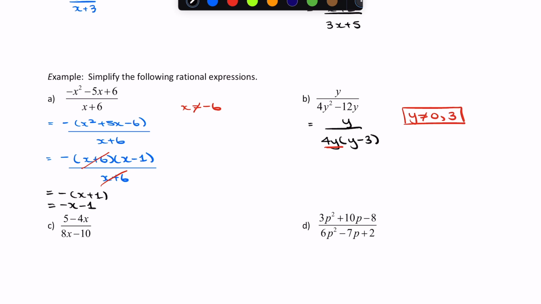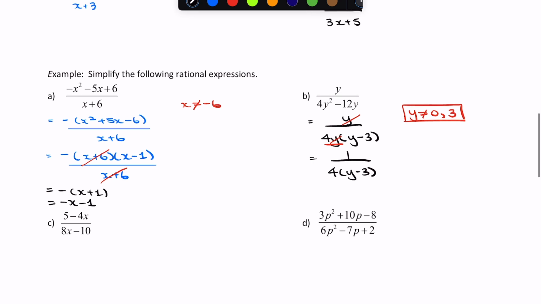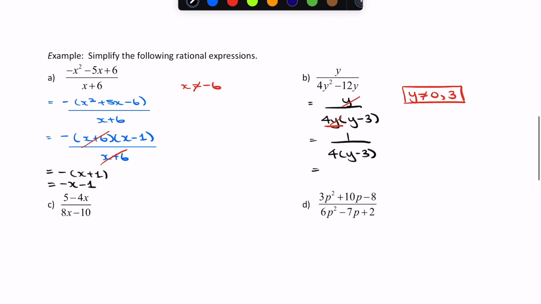So now we can cancel out the y from the numerator and denominator, and we'll be left with 1 over 4y minus 3. And you can expand that in if you like. So 1 over 4y minus 12. But we can really just keep it as 1 over 4 bracket y minus 3 as well.